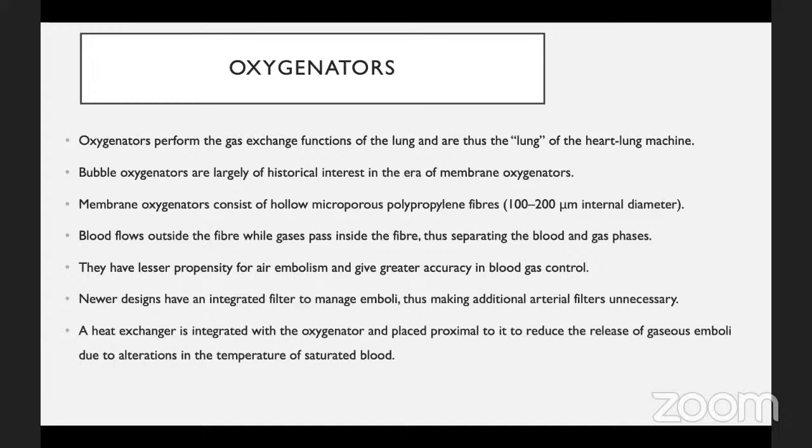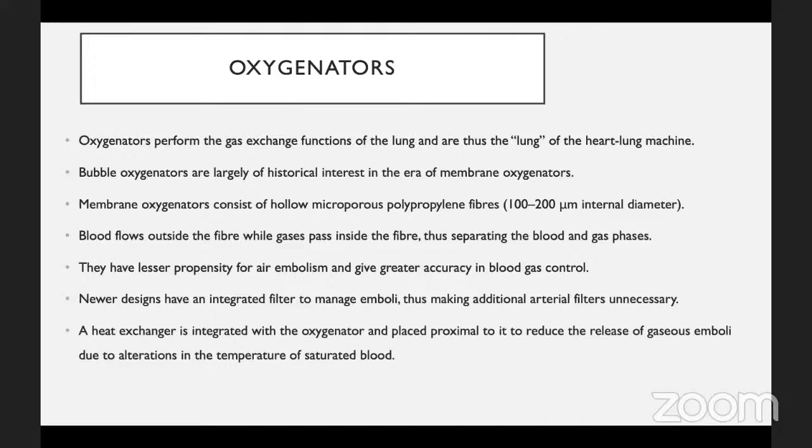The gas is going to leak through these micropores and get into the blood phase, and it's going to cause microembolism. So you can have a patient throwing embolism with large quantities of air if the outflow from the oxygenator is occluded. So remember that.